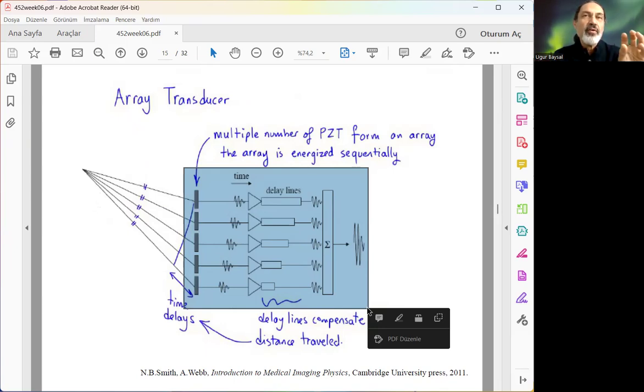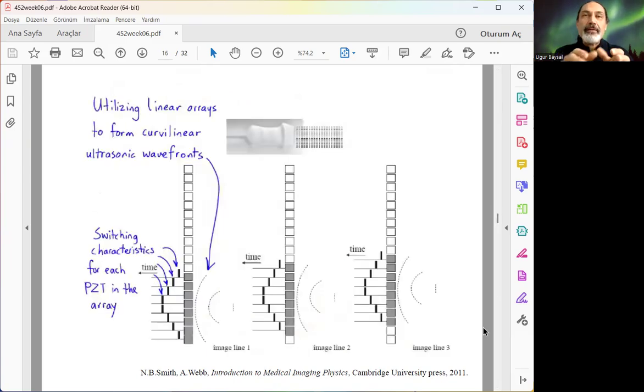So you can focus the signal on any point of the patient by using electronic delay equipment. You can give delays to the transmitted pulses so they focus on a special part of the body for more sensitive investigation as well.